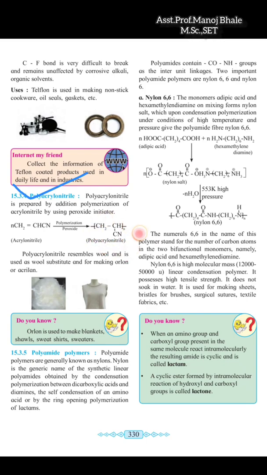This is the structure of polyacrylonitrile. So we prepare polyacrylonitrile from acrylonitrile by the polymerization process in the presence of a peroxide. Polyacrylonitrile resembles wool, and is used for making orlon or acrylan. These are used for making dresses and also clothes. So that is about polyacrylonitrile.